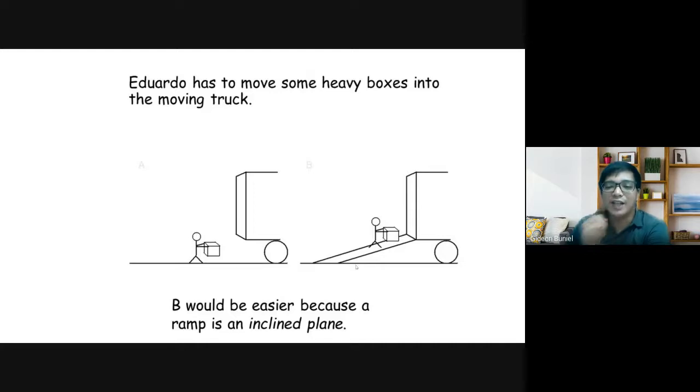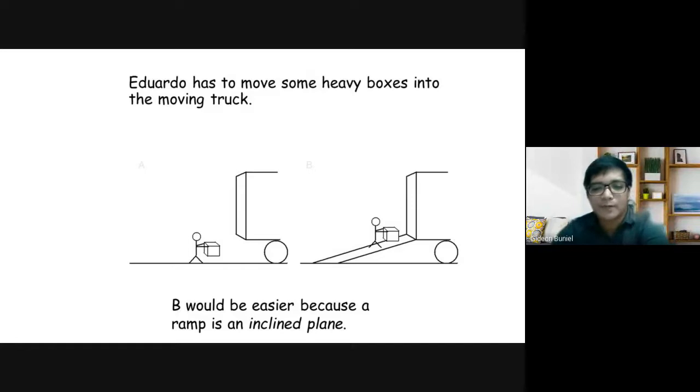He uses an inclined plane. Eduardo can push this one or just use this stable platform here, compared to when he still has to lift this one. But I think the figure can explain better if Eduardo just pushes the box here towards the truck.